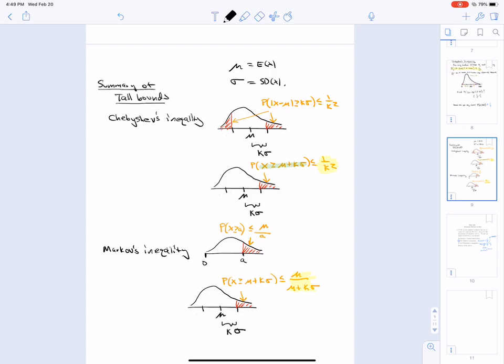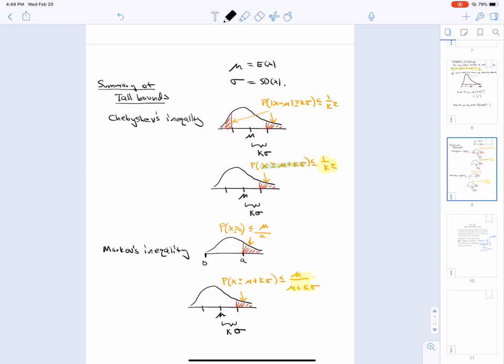But you can also think of it as if A is mu plus k sigma. In other words, if I don't have that absolute value sign and I just bring mu over to the other side of the inequality, you'd get x is greater than or equal to mu plus k sigma, that is less than or equal to 1 over k squared.